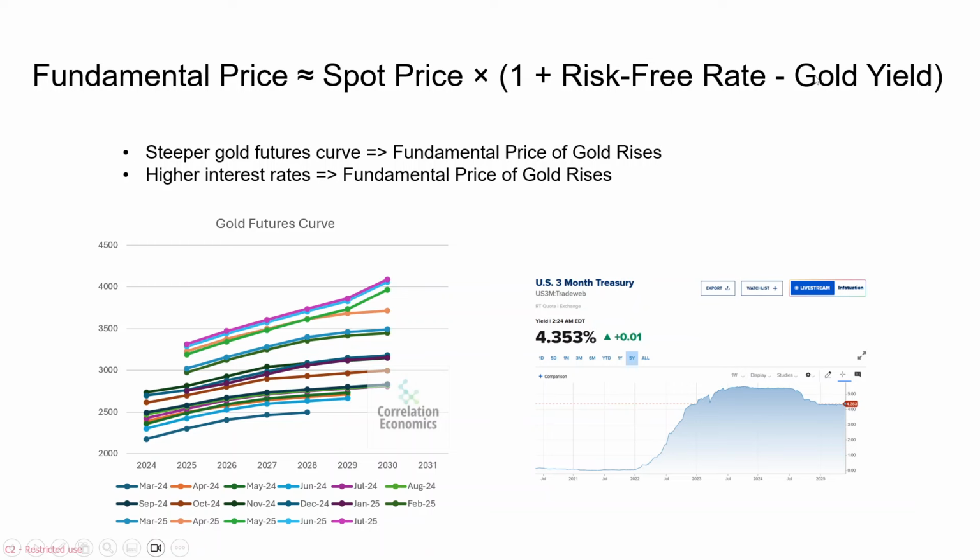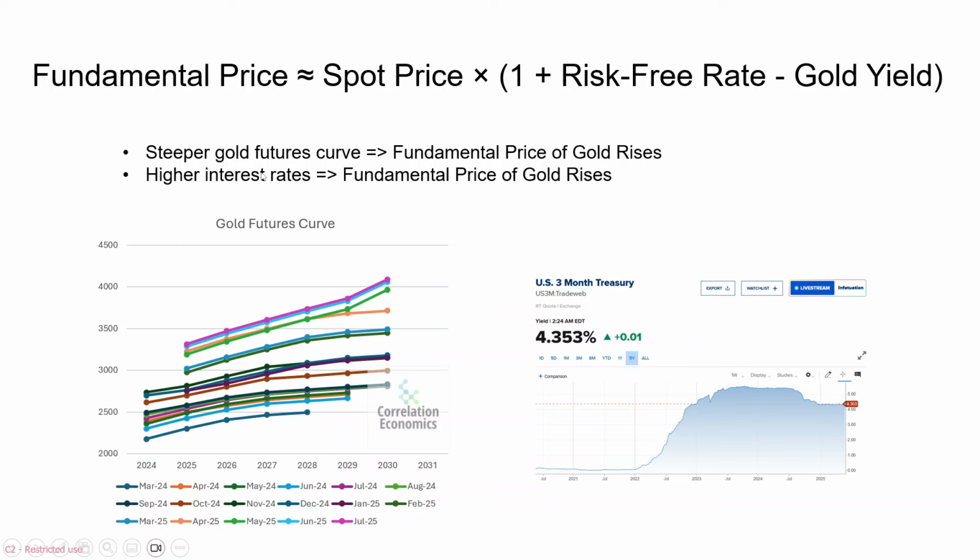So this parameter goes more negative, which means the minus goes more positive. So your fundamental price will go up when the futures curve gets more into contango. Okay, that's the first thing. Always look at the futures curve. If it gets steeper, that means the fundamental price will probably go higher. So you want to see this curve go up and steeper.